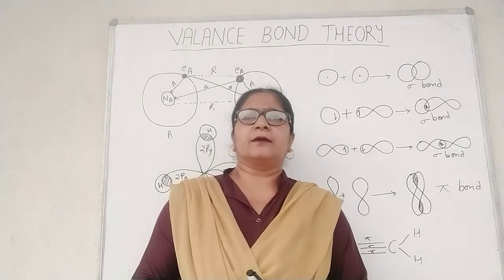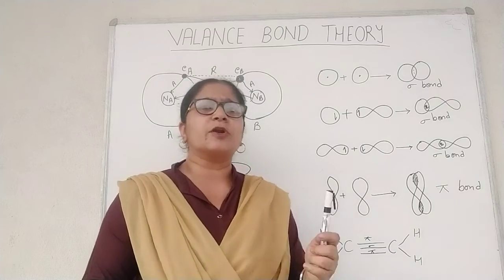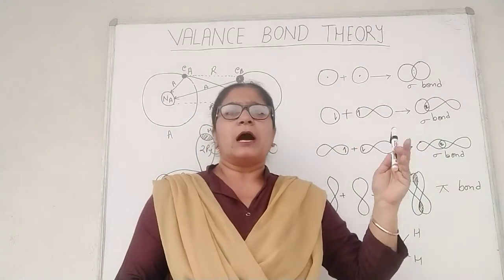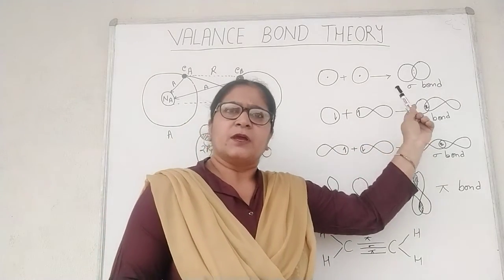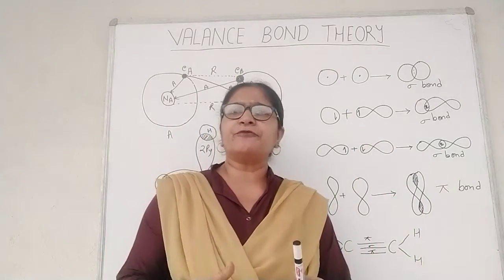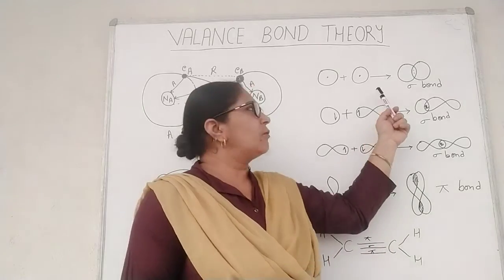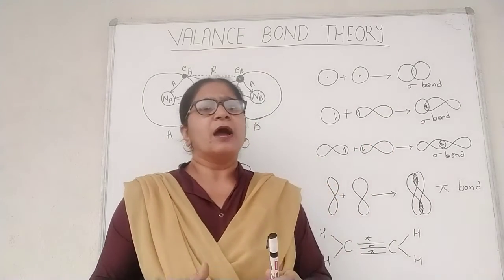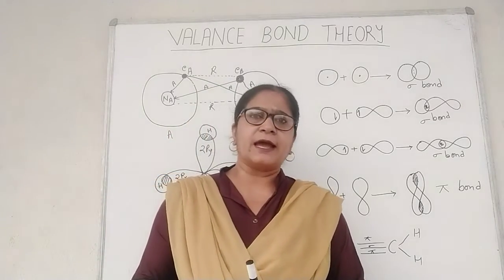s-s overlapping takes place when two half-filled s orbitals overlap along the internuclear axis. s-p overlapping takes place when a half-filled s orbital of one atom overlaps with a half-filled p orbital of another atom along the internuclear axis.